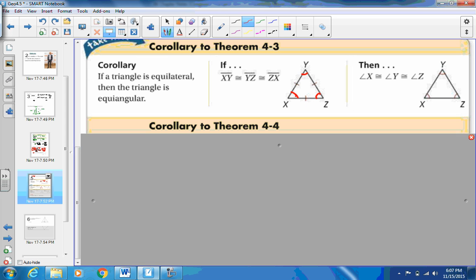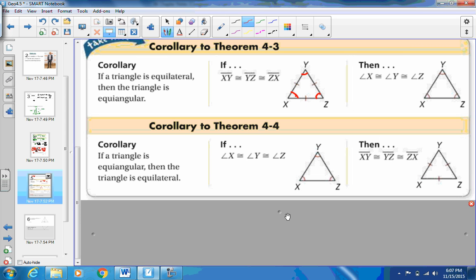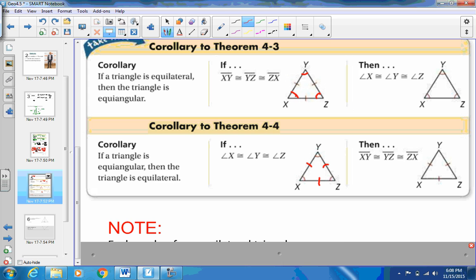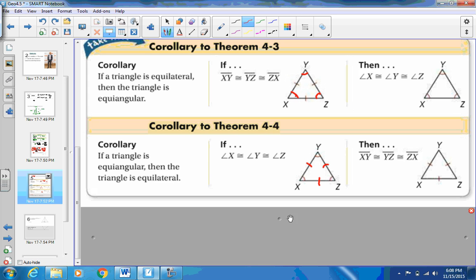Then a corollary to theorem 4.4, which is the converse of the isosceles triangle theorem, says that if a triangle is equiangular, then the triangle is equilateral. So we know that then the sides are congruent, and that's over here as well. If the angles are all congruent, then all the sides are congruent. A couple of useful theorems there.